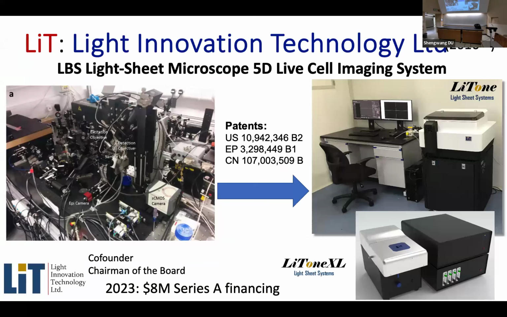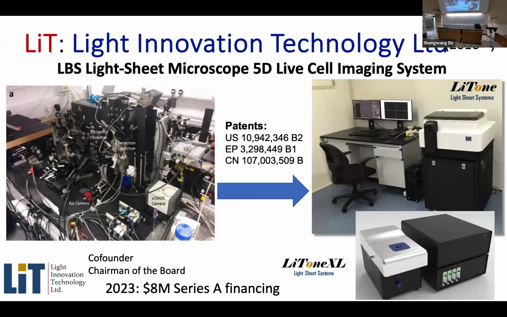Another direction I developed is an optical microscope for live cell imaging. This is the system we developed in the lab, and eventually we will commercialize it as a product. It's quite neat. A product is different from the lab, where we care about making work into a public paper.